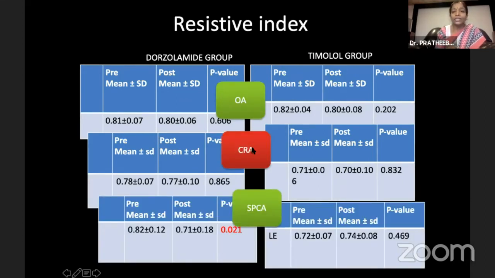In the ophthalmic artery and central retinal artery, we did not find any significant reduction in the resistive index post-treatment. However, in the short posterior ciliary artery, we found a significant reduction in the resistive index in the dorzolamide group.